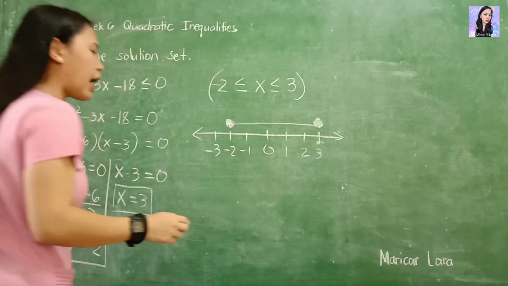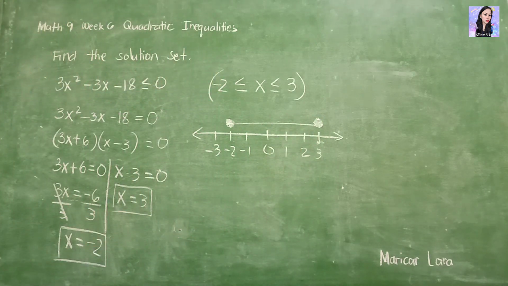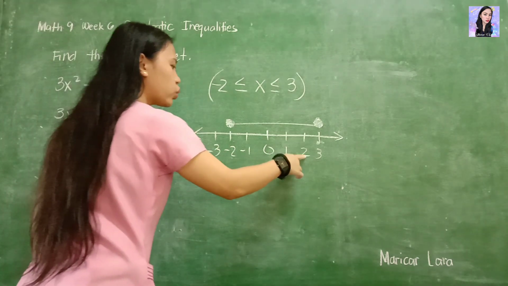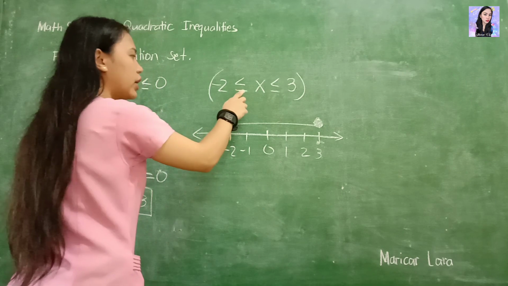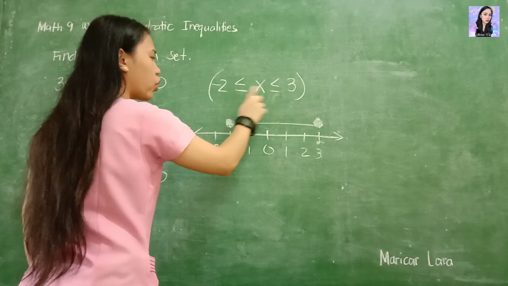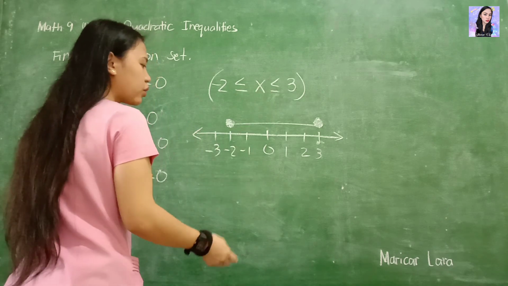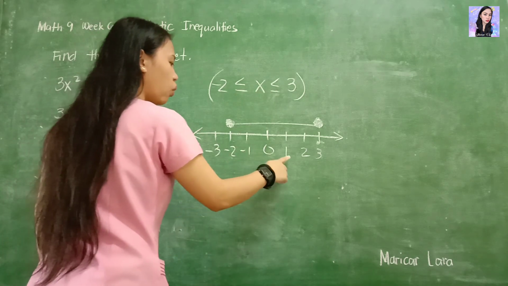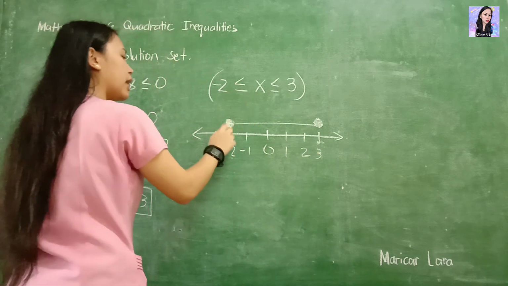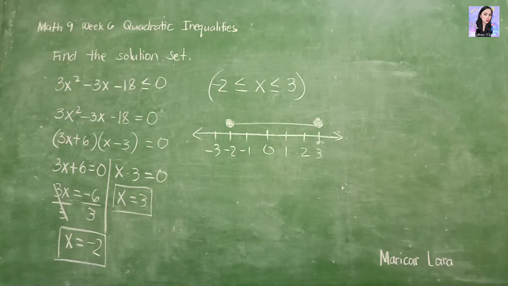So, ibig sabihin, ang pwedeng sagot natin ay negative 2, negative 1, 0, 1, 2, and 3. Pero kung ito ay walang equal sign, kung walang or equal sa baba, ang sagot lang natin ay negative 1, 0, 1, and 2. Hindi kasama sila. Pero dahil kasama sila, edi kasama din sila sa ating solution set.